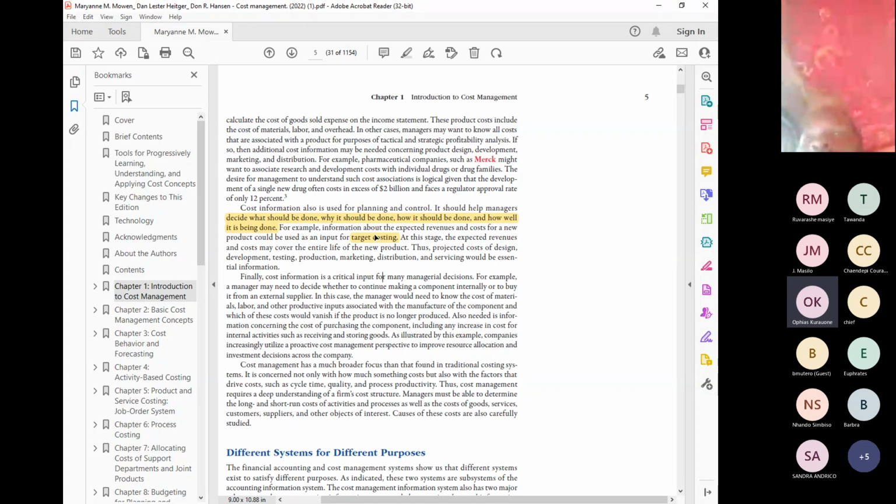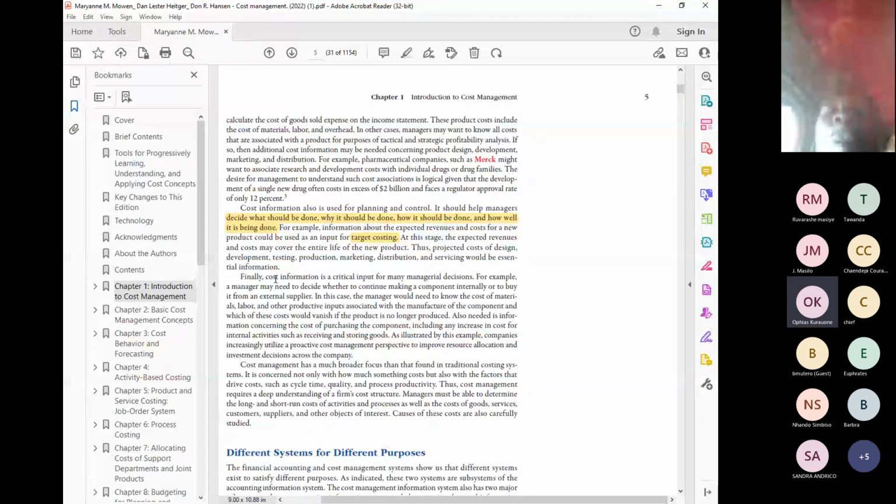So it is very important for students to have some mathematical background and to understand the English language so that at least they are able to come up with the proper presentation as required by the adjustment needed. Projected cost of design, development, test, production, market distribution, and service would be essential information.